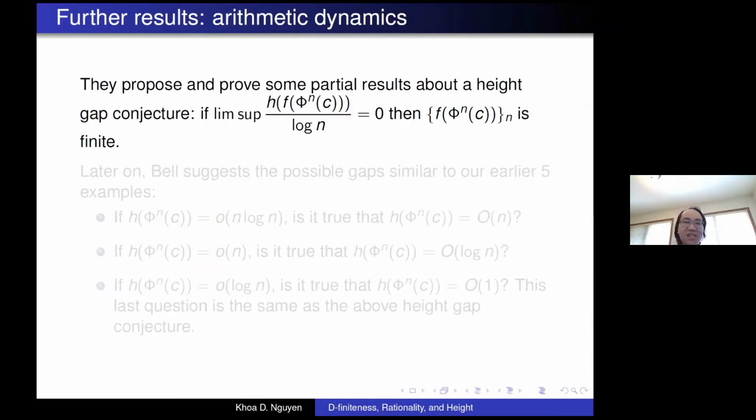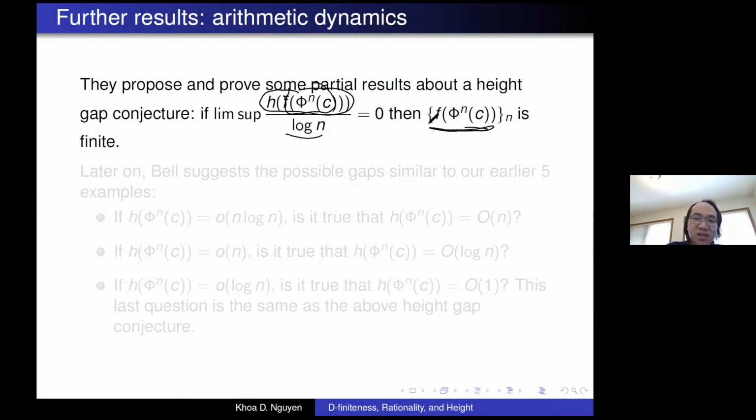They propose and prove some partial results about the following. If the limsup of the height of f of the iterates over log n is 0, so if this quantity is dominated by log n, then these guys that appear in the height form a finite set.